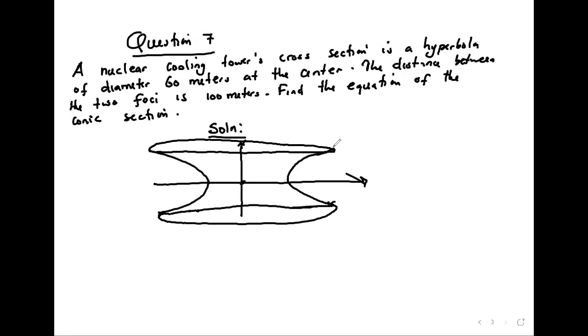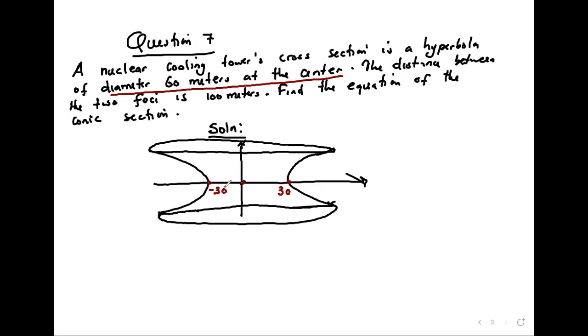So now I see that I'm dealing with this structure here. I'm told that the diameter is 60 meters at the center. So from here, going here, it will be 30, and then the other side, it will be negative 30, so that I have 60 in total.